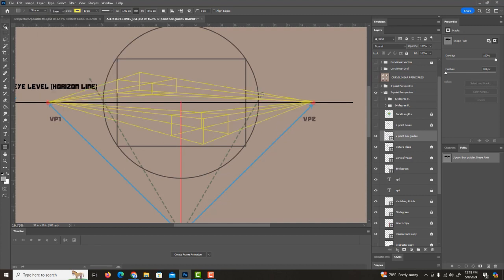Here we go. So you can see that from vanishing point 1, the lines are converging, and vanishing point 2 they come to the other side, and where they meet, that is your vertical. So your horizontals are converging in space, and your verticals are coming back.